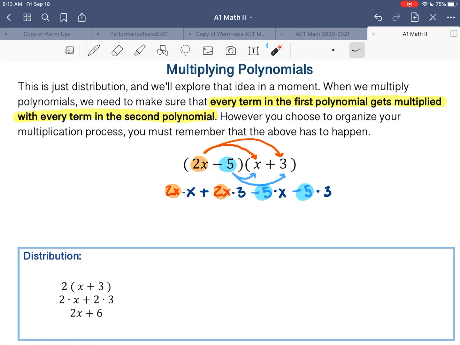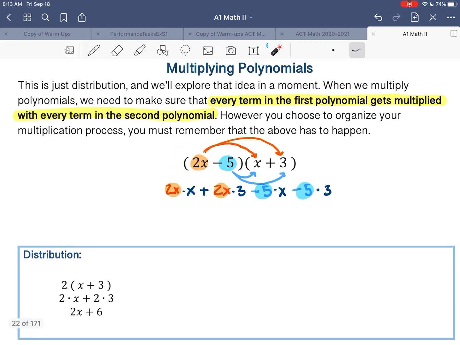If we forget that this 2x is even there, this distribution that we do with the negative 5 looks exactly like normal distribution. We are just multiplying that negative 5 by everything in the parentheses. So this really is just double distribution, essentially. We're just doing it twice. If that helps you remember how to do this, that's great.